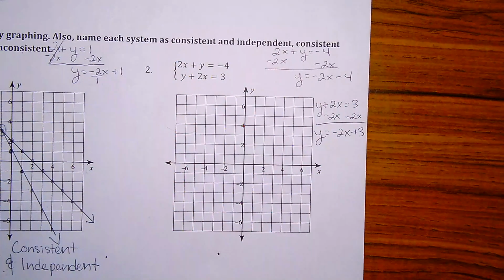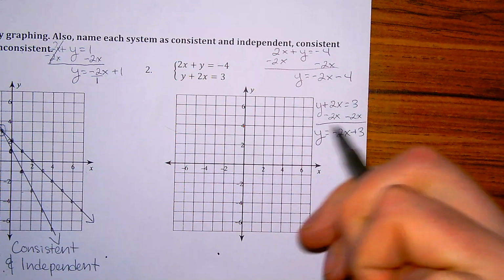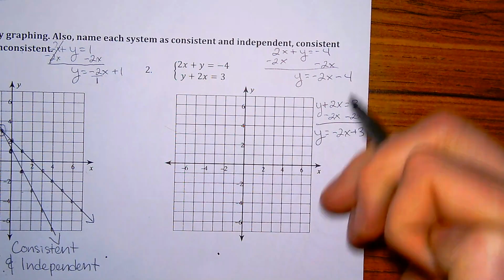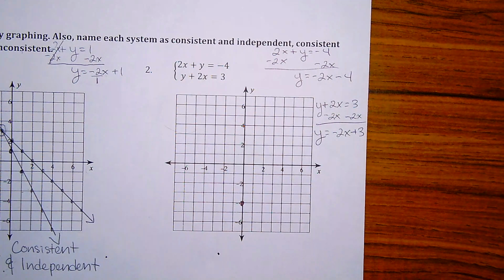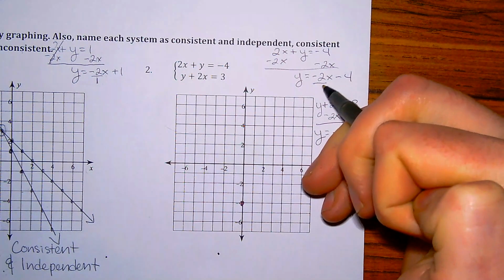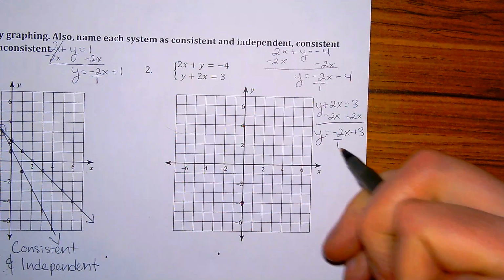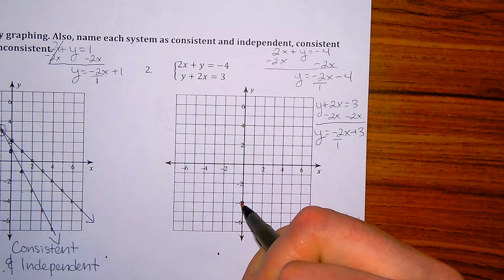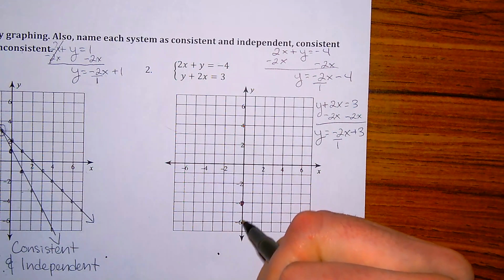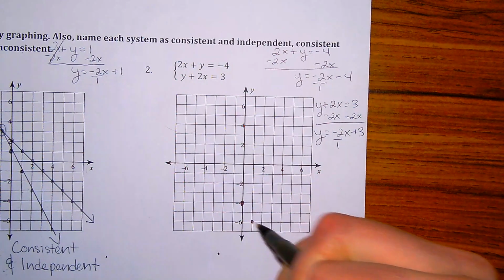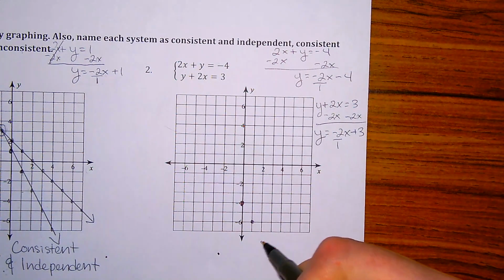Now let's graph it. Both equations have been solved for, meaning y is alone. I go to the negative 4. What I would do is say negative 2 over 1, negative 2 over 1 for both of those. Go down because it is a negative, rise over run, so negative is down. Down 2, right 1. You can kind of see I would probably have a dot over here somewhere.